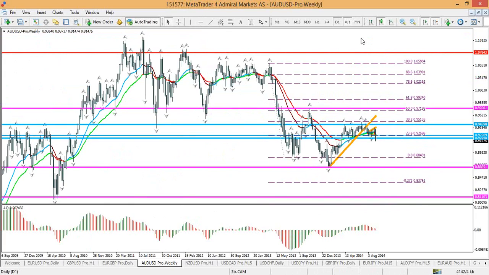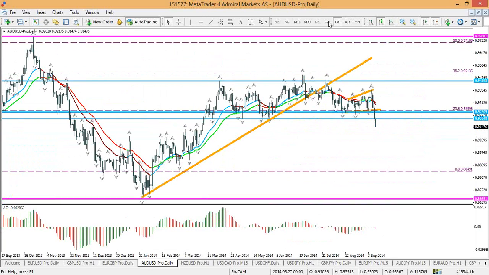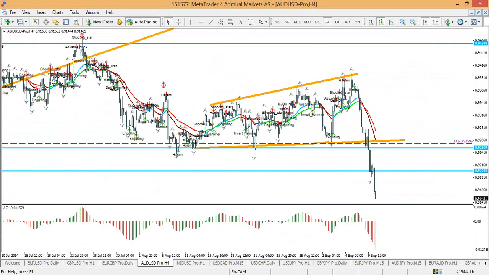So from the 4-hour point of view, we can see the break here of the AUD. From a discretionary point of view, this AUDUSD is basically, yeah, it's in a breakout.